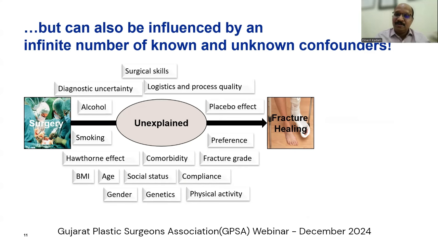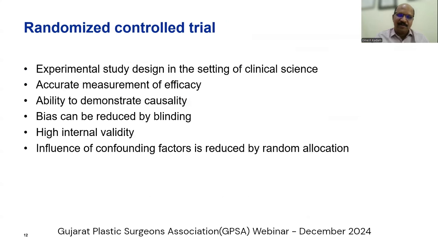Or maybe surgeon-related factors, including skill levels, his choices, and his own biases, of course. And then the intervention, the defect or the severity of the deformity itself could be the reason. So there could be a lot of confounding factors.